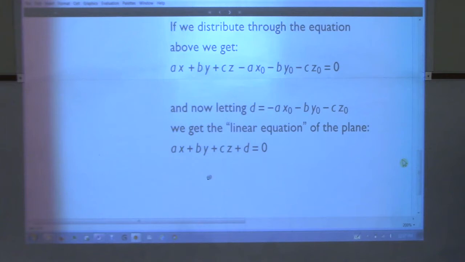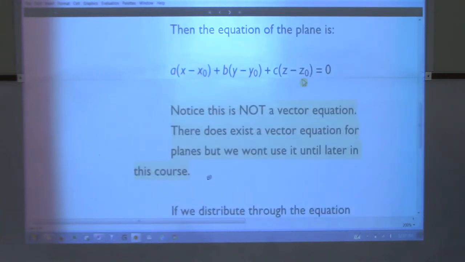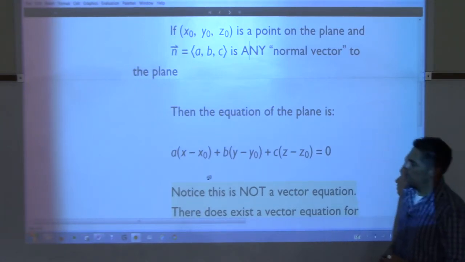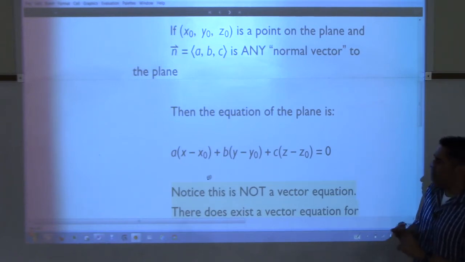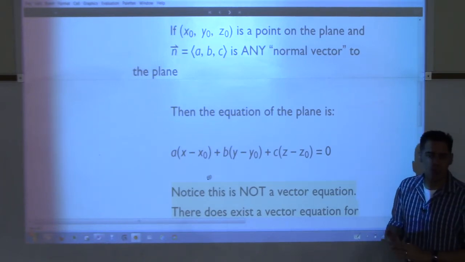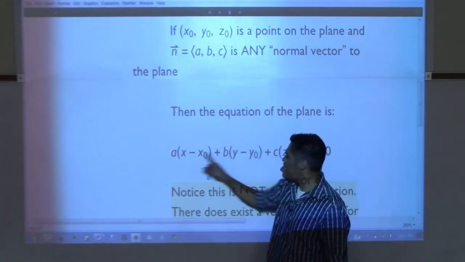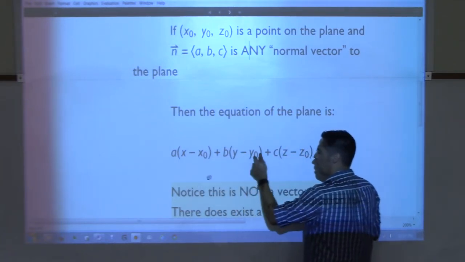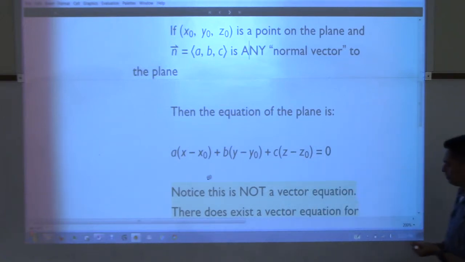Here we go. This is the equation of a plane. Remember, ABC was the normal vector. So you put A, B, C, and then in parentheses, x minus x naught, y minus y naught, z minus z naught. And then what you would just do is distribute.